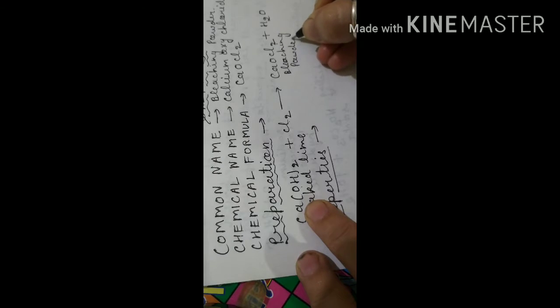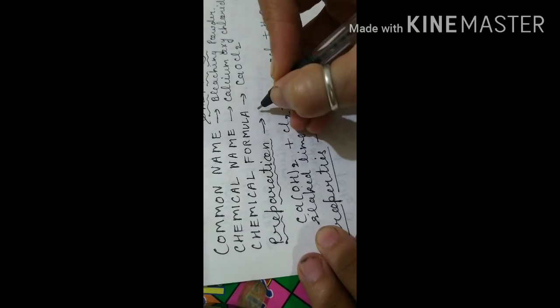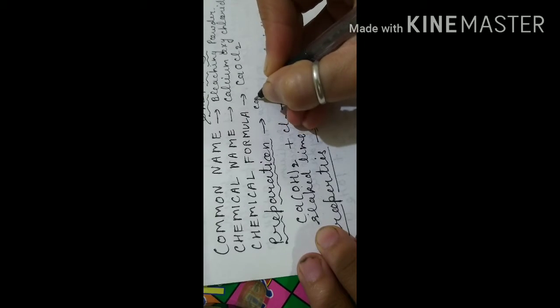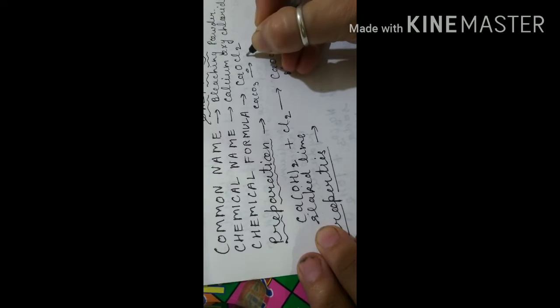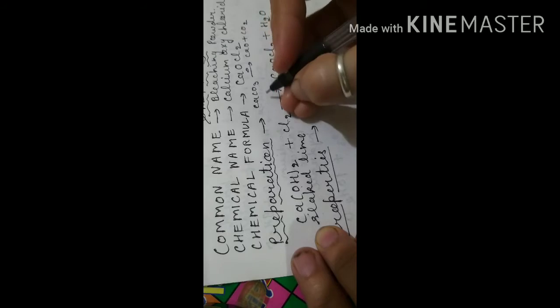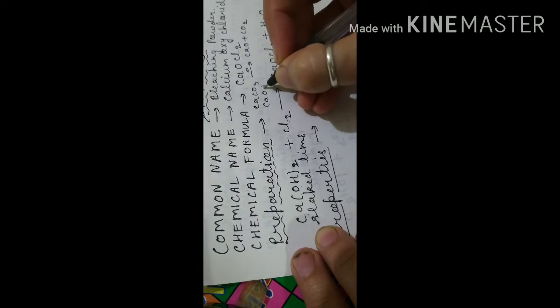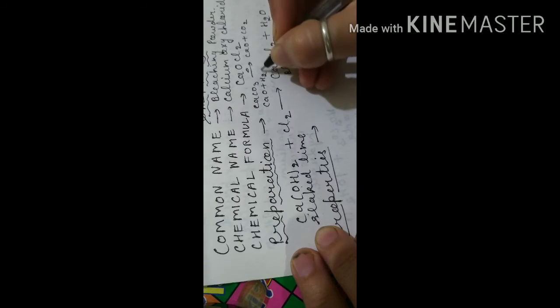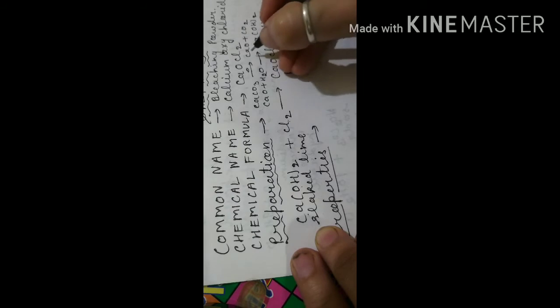So here I just want to tell how we get the slaked lime also. Here I am giving you a little bit of introduction. The marble chips are CaCO3. When these are heated, they dissociate into CaO and CO2, and when this CaO, which is quicklime, is treated with water, it converts into slaked lime, Ca(OH)2, okay?